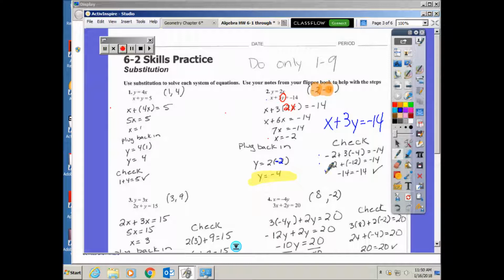Again, it is the ordered pair. It is the x and y values that work in both equations. If I think back to my class, the first day we did an example where I was having a party and I had $50 for chips and soda. And we talked about all the different combinations of chips and soda I could buy.